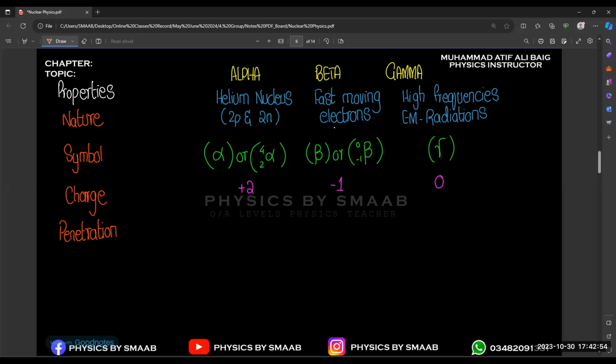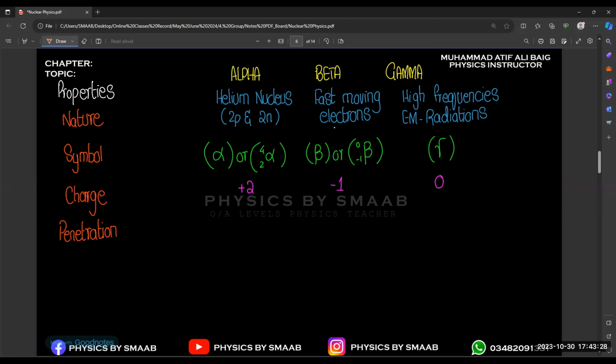The size of alpha is greater than beta and gamma, which you can identify by the number of protons and neutrons. Alpha is a complete helium nucleus, so it is not able to penetrate through other objects. It can be stopped by a very thin layer of a paper sheet. So the penetration power of alpha is the least among beta and gamma.